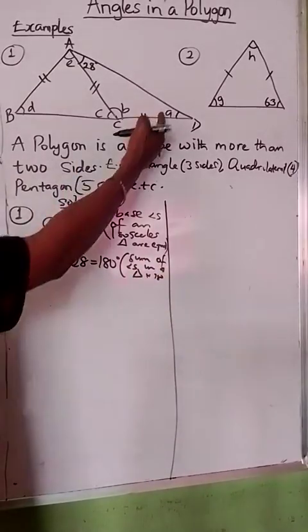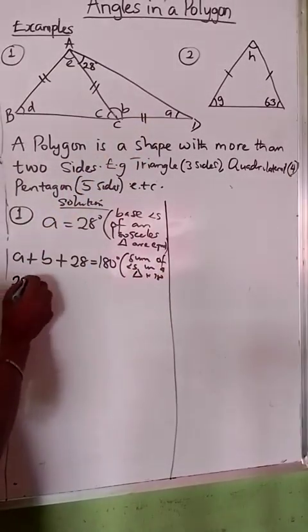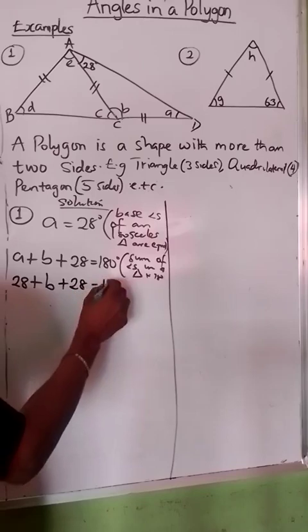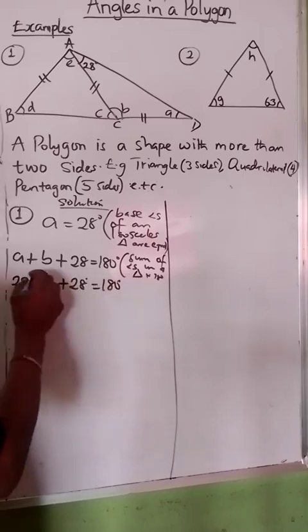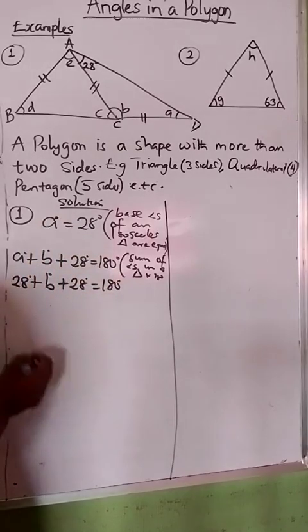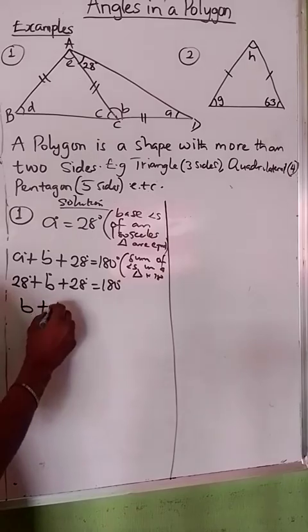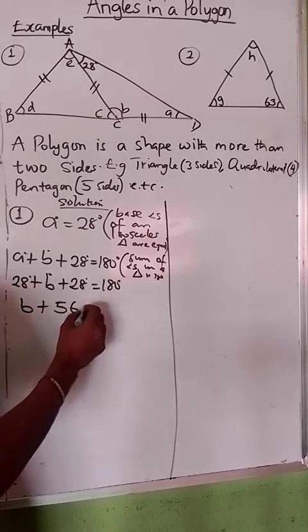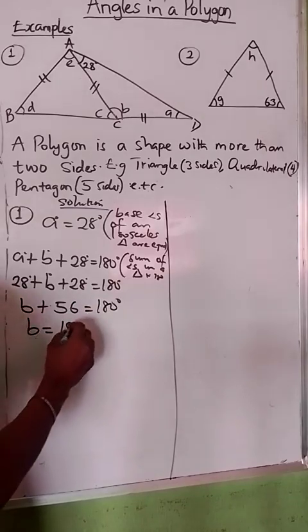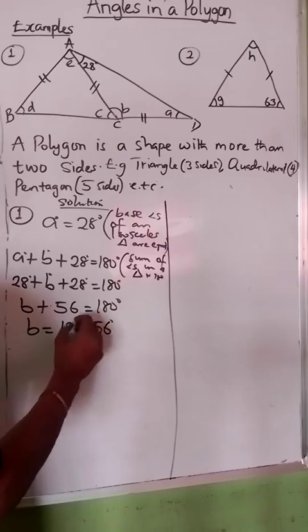So we have got our A, 28, plus we don't know our B, plus 28 equals 180 degrees. So we have B plus 56, that's 28 plus 28, equals 180 degrees. So B equals 180 minus 56 degrees.